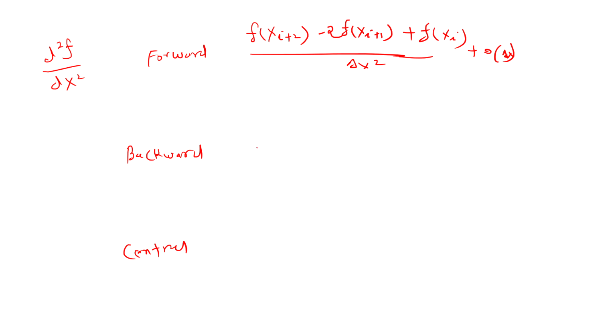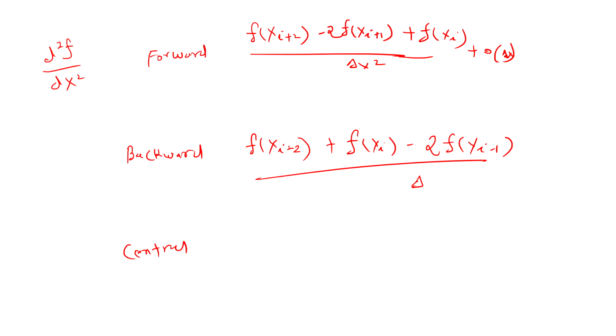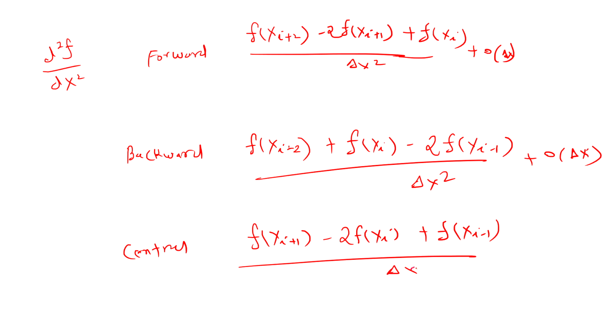The backward difference says f of xi minus 2f of xi minus 1 plus f of xi minus 2 divided by delta x square, and the error is of order delta x. The central difference says f of xi plus 1 minus 2f of xi plus f of xi minus 1 divided by delta x square, but here the accuracy is higher, of order delta x square.